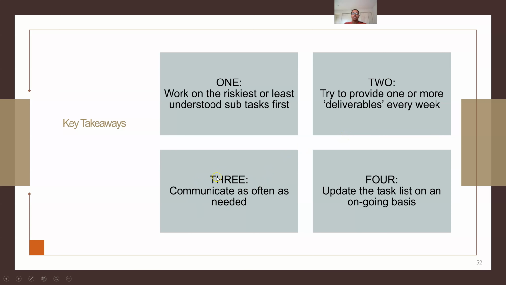The third is communicate as often as possible and as often as needed. The fourth is updating the task list on an ongoing basis. So basically having a visual board, not just for yourself but for the entire team, to know if you're stuck or if you're working on a particular task.